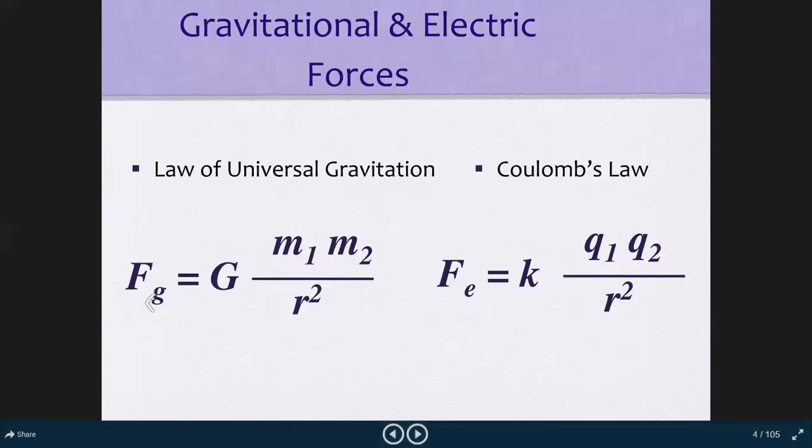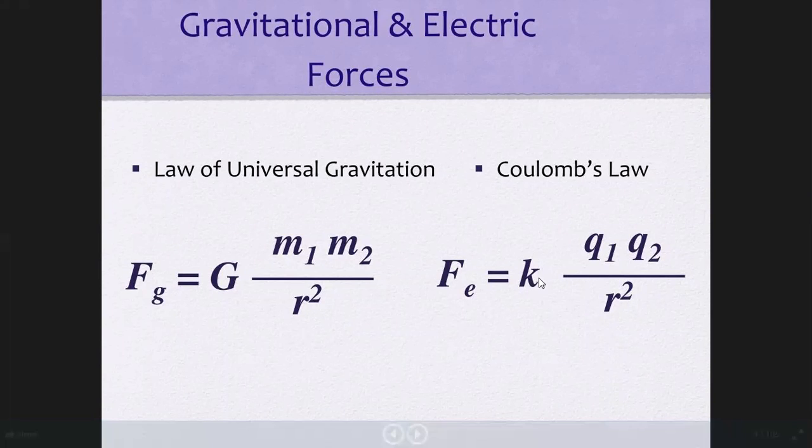Gravitational force is always attractive, and this is the electrical force that was given by Coulomb's law. In this case, K is the proportionality constant and takes the position of G. The numerical value of G is 6.67 into 10 to the power minus 11, and K has a value of 9 into 10 to the power 9 Newton meter square per Coulomb square.